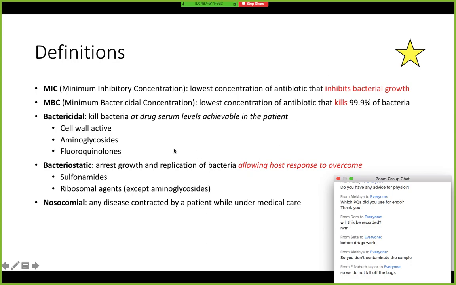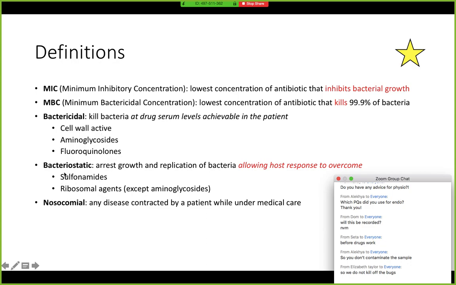Also, you want to know the difference between bactericidal and bacteriostatic. So one trick that I've kind of used throughout the first 2 years is I will learn one thing and then remember that the other is everything else.